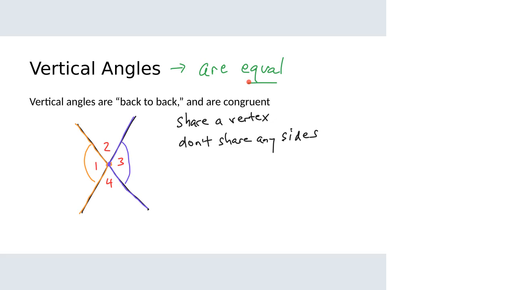Whatever the measure of angle 1 is, angle 3 has the same measure. And angle 2 and angle 4 are also vertical angles, so whatever the measure of angle 2 is, angle 4 has the same measure.